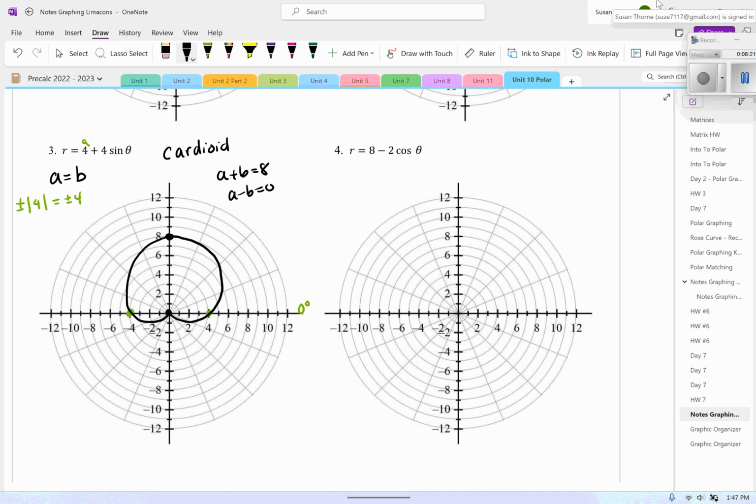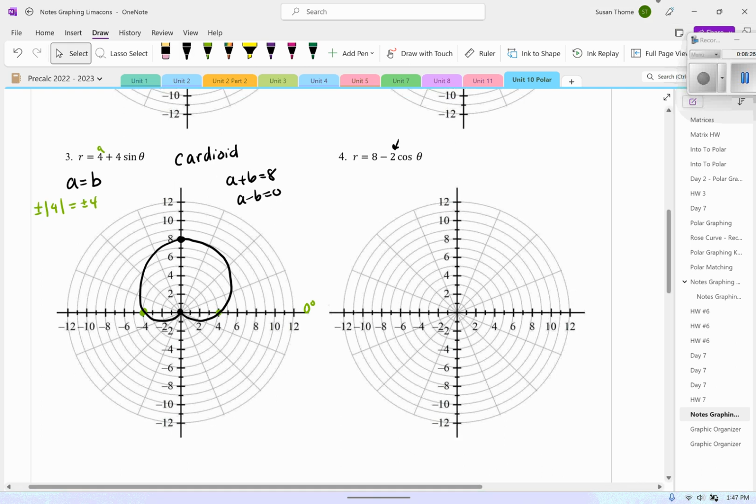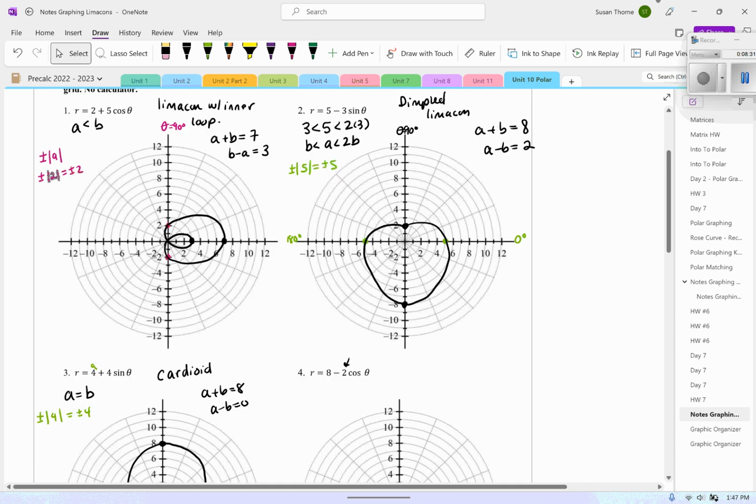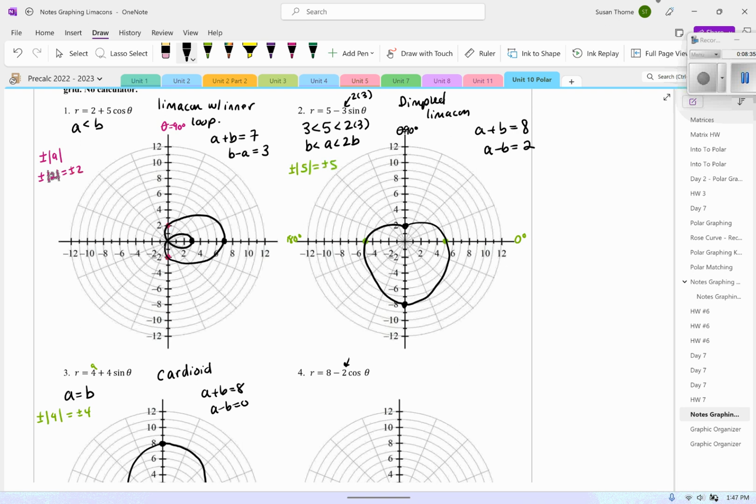The next one, we have 8 minus 2 cosine theta. So again, we're going to look at this because it's not equal values for a and b, and not unlike the first one, a is not less than b. So here we notice that 2 times 3 is 6, which is bigger than 5. Here, notice 2 times 2 is 4, but 8 is bigger than 4.